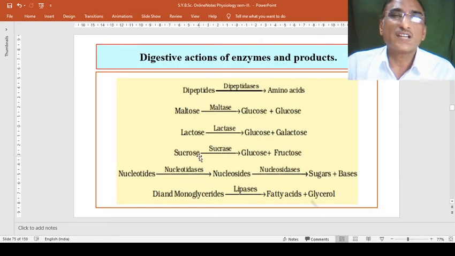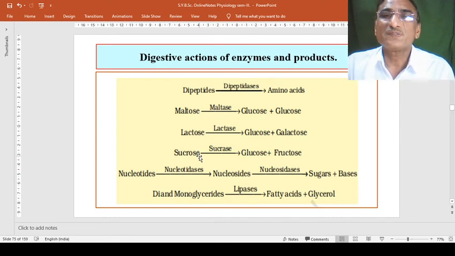In the digestive tract, the digestive enzymes carry out various digestive metabolic activities. Some of these are summarized here. Dipeptides are converted into amino acids in the presence of dipeptidases.